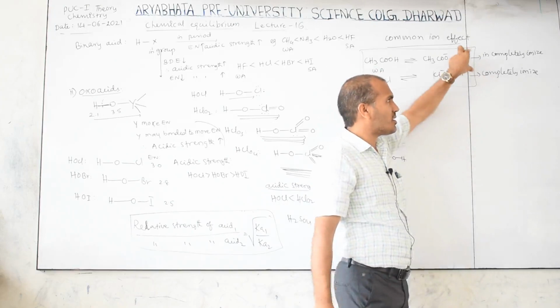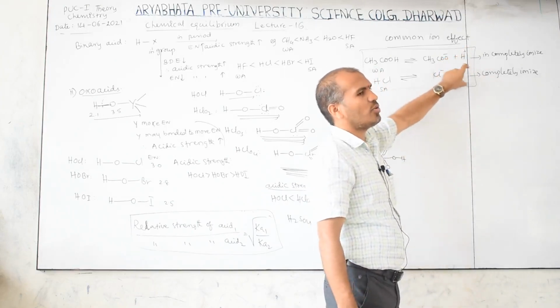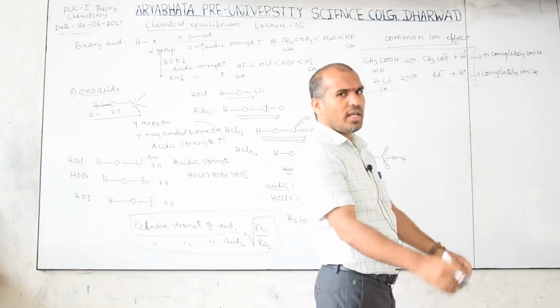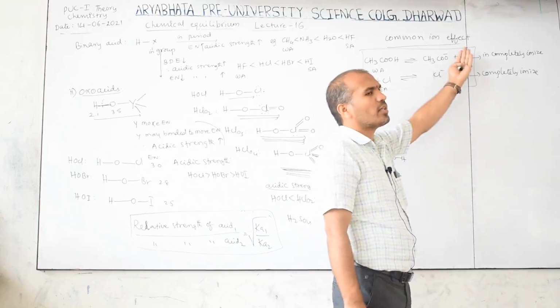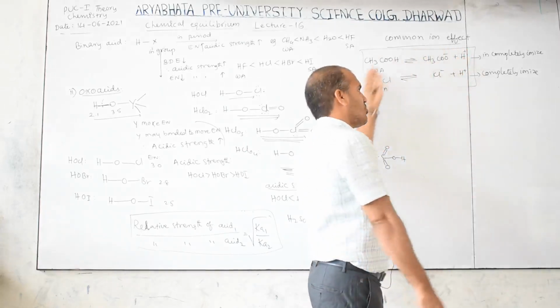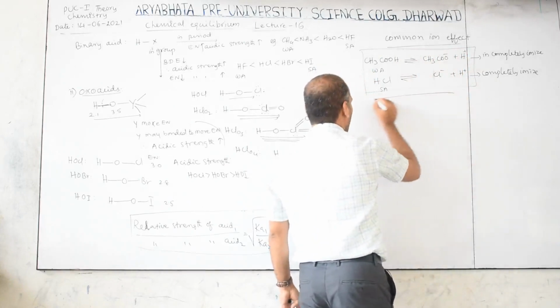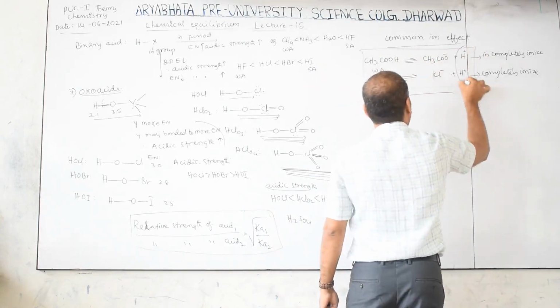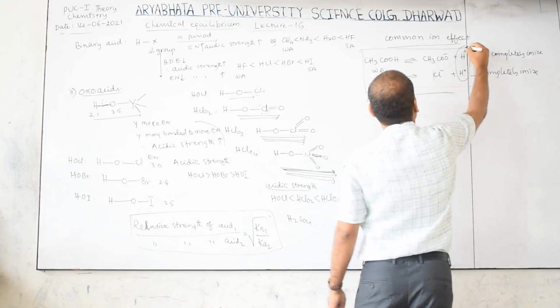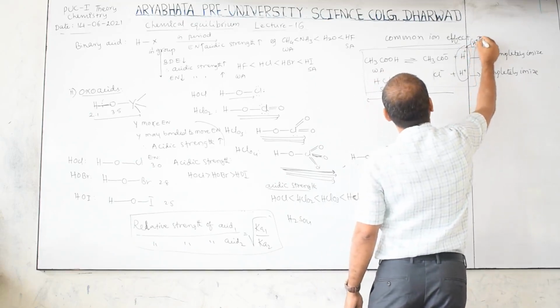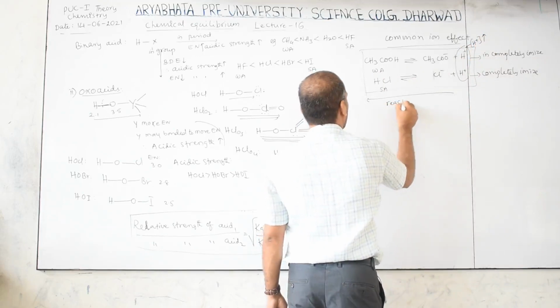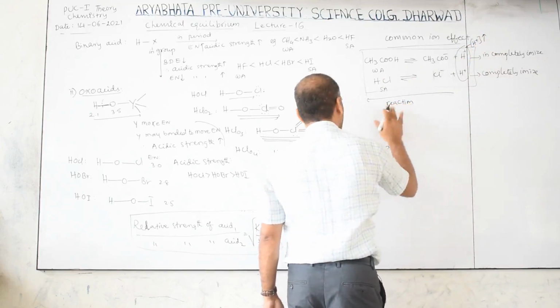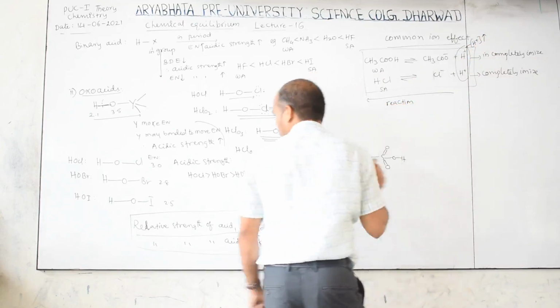The H plus ion concentration, before it was 1, now it is 2. The H plus ion concentration increases. When the H plus ion concentration increases, it means the product concentration increases, meaning the reaction shifts toward the backward direction. Therefore the equilibrium will shift in the backward direction.